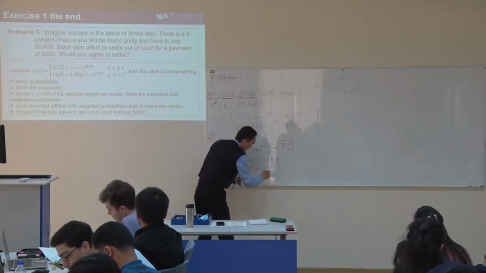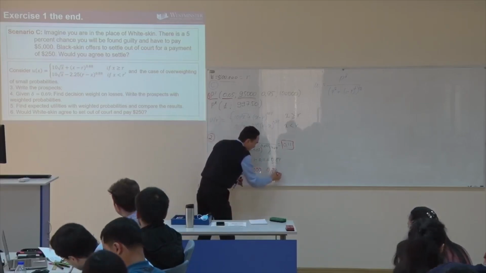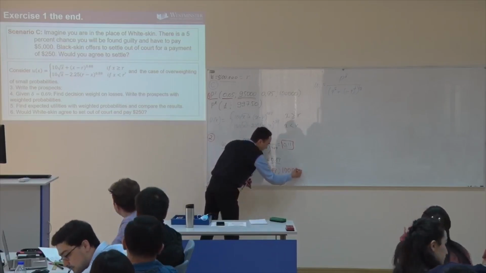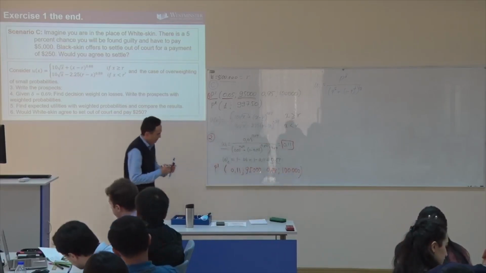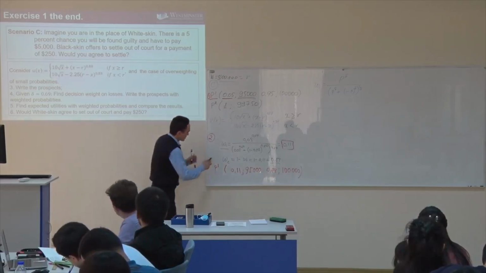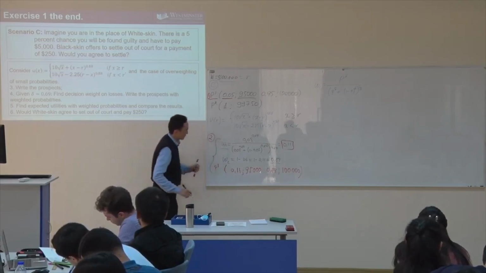And he is thinking that there is an 89% probability that his wealth is going to remain unchanged, 100,000. So this is, students, the first case.